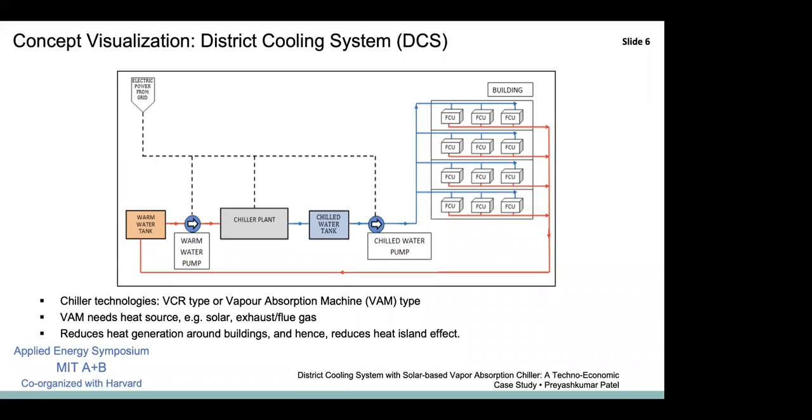For large-scale applications, a district cooling system is an advisable concept that consists of a chiller plant that produces chilled water, and the chilled water is supplied to the consumers through a network of pipelines. A customer can be hundreds or thousands of small or big commercial or residential units with their individual air conditioning requirements.